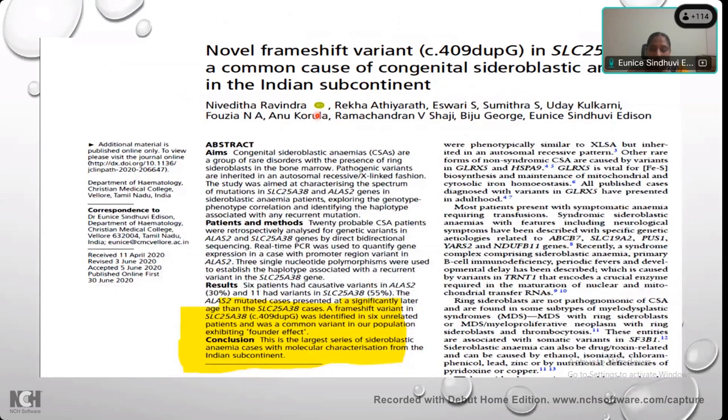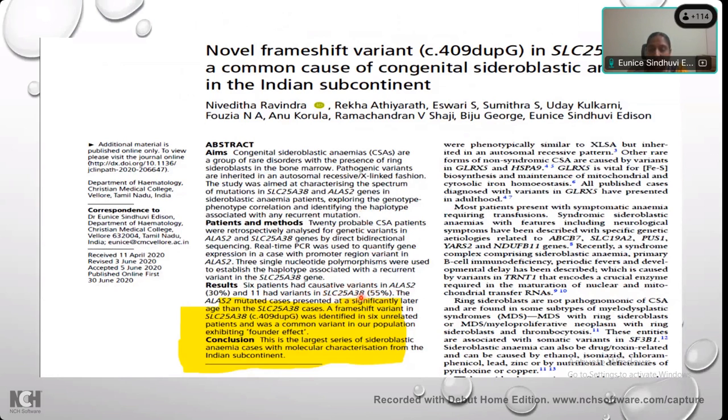We found that, contrary to what is in the literature, most of our sideroblastic anemia cases are autosomal recessive, and more than 55% of them had mutations in the SLC25A38 gene.